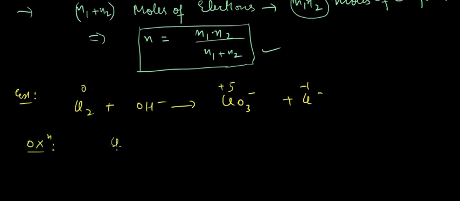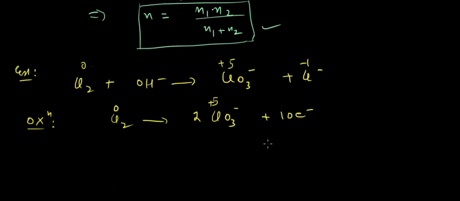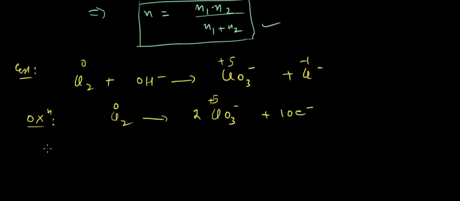Oxidation is Cl2 going to ClO3 minus, and as a result Cl is going from 0 to plus 5 and there are 2 moles of Cl, so it will be releasing 10 moles of electrons. In the reduction, Cl2 consumes 2 electrons to form Cl minus, balancing the reaction.